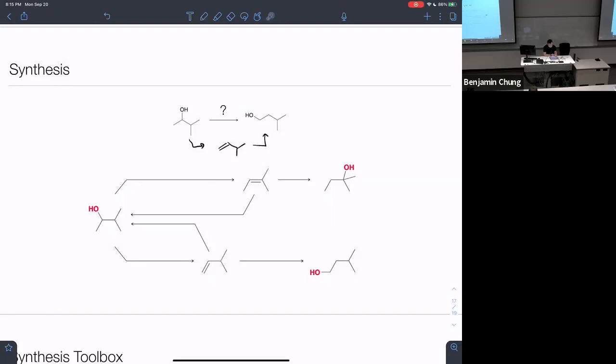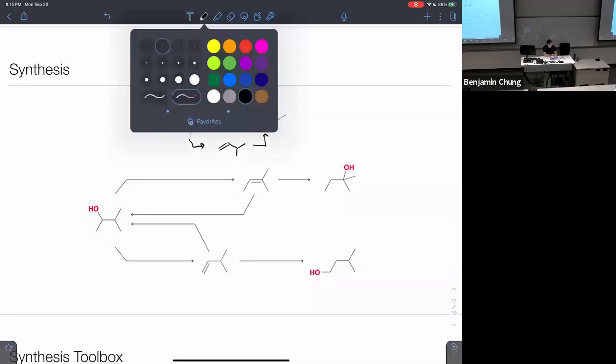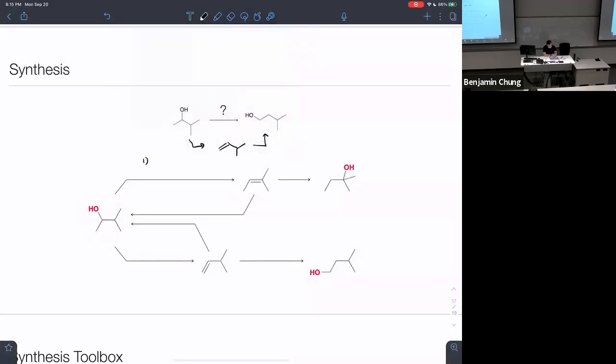So to get from this alcohol to this alkene, it's an elimination, but we can't just do an E2. We can't do an elimination reaction directly from the free hydroxyl group. We actually have to convert it to the tosylate first. We have to make it a good leaving group. So that's reaction with tosyl chloride and pyridine.